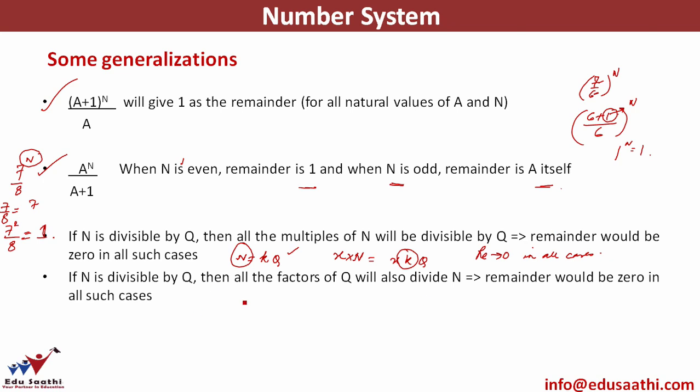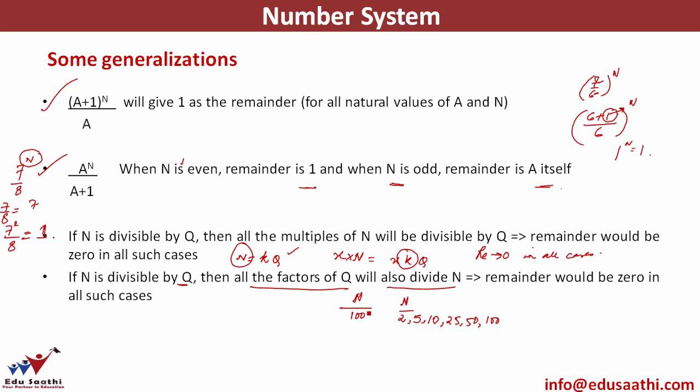If n is divisible by q, then all factors of q will also divide n. Remainder would be 0. That means if a number is divisible by, let me call it 100, then this number would also be divisible by 2, by 5, by 10, by 25, by 50 and by 100.